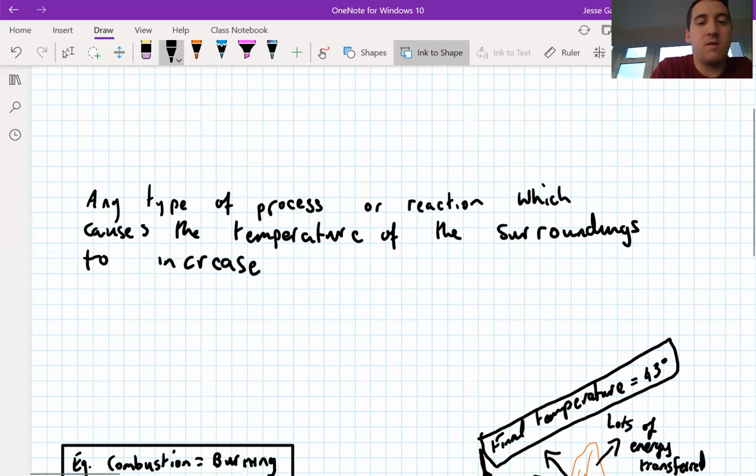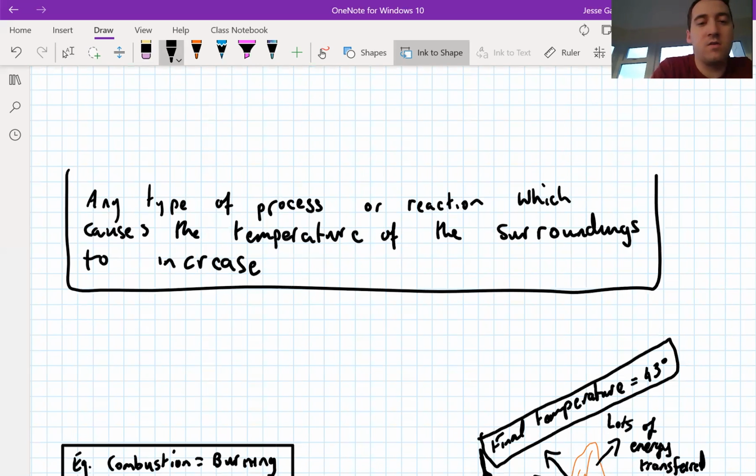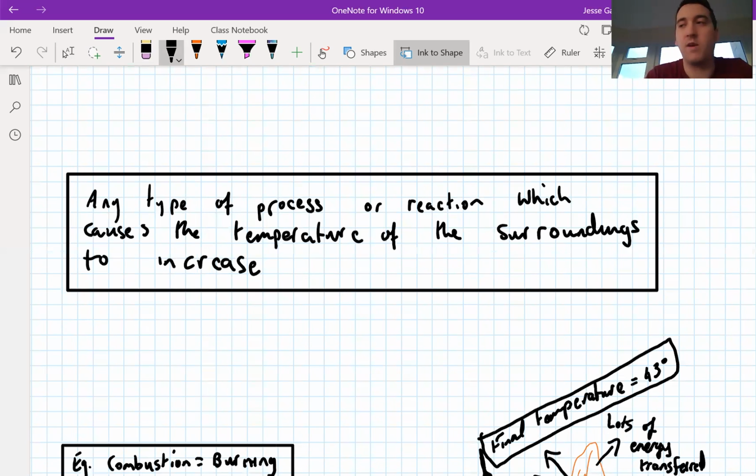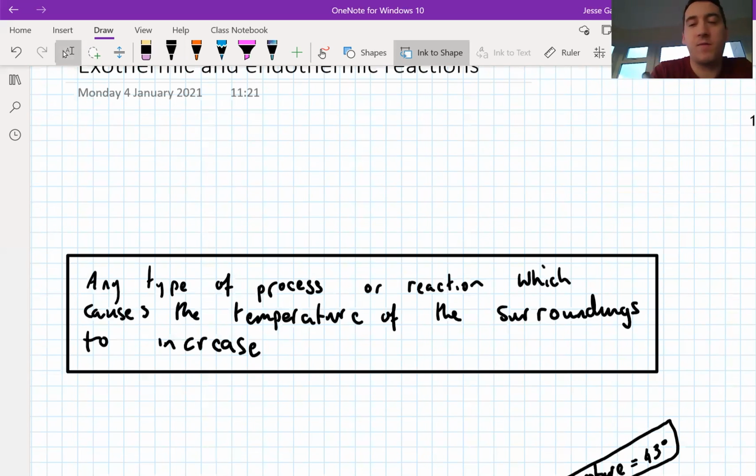That's what we're talking about here. A reaction which causes the temperature of the surroundings to increase. We call this an exothermic process. Exothermic reaction or exothermic process. We have a special name for these types of processes or reactions.